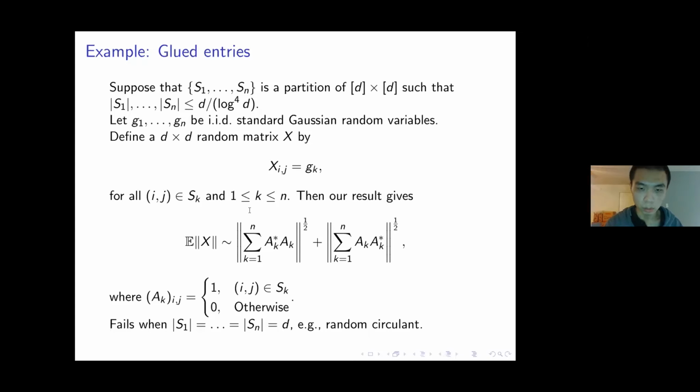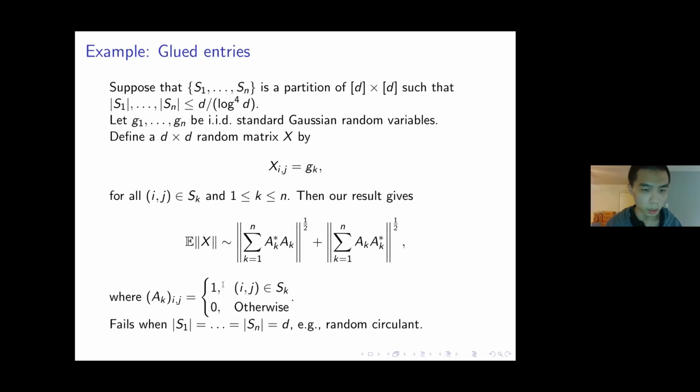Then for our result, we actually do something better, because our general result just gave d to the power 1 minus epsilon, but here we actually get d over log d to the power 4. We get an exact estimate for this up to a constant.